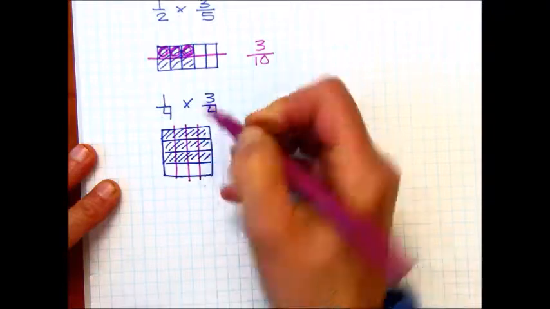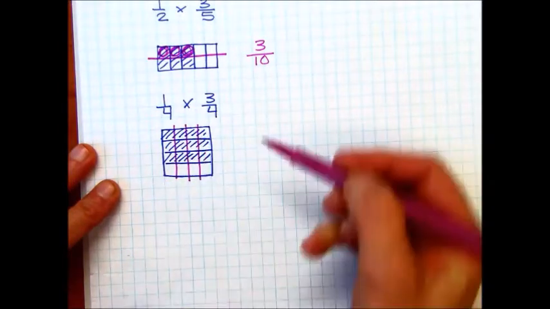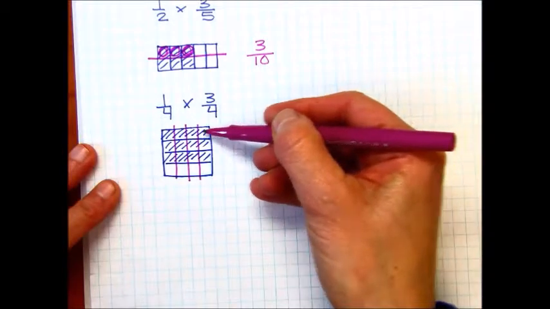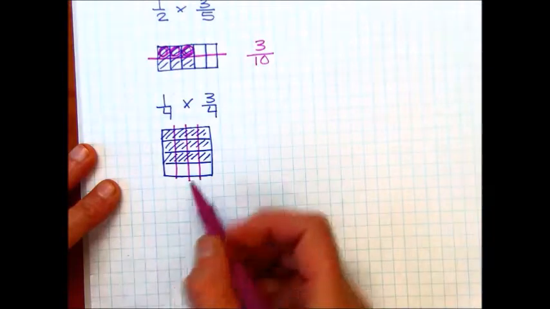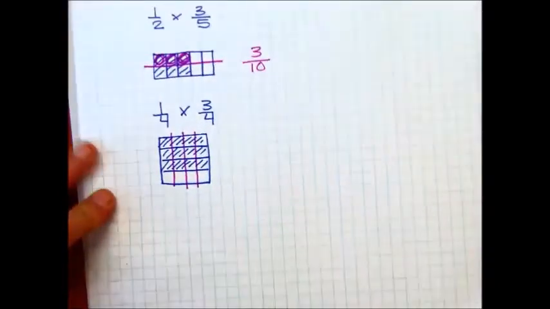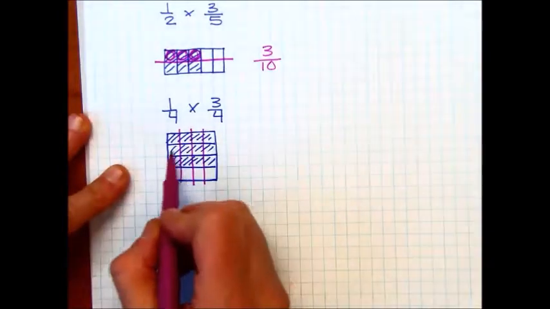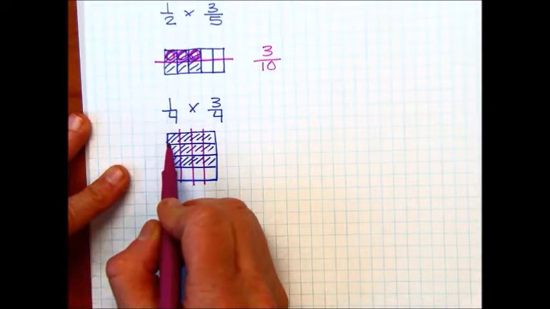So now I have 4 equal columns. Okay, see, originally I had 4 rows, and I shaded 3 of those rows, but now I broke it up into 4 columns. Okay. Now I'm only going to circle 1/4.